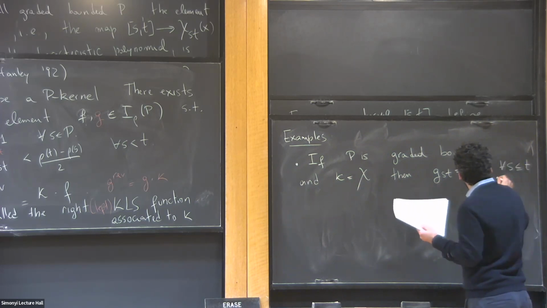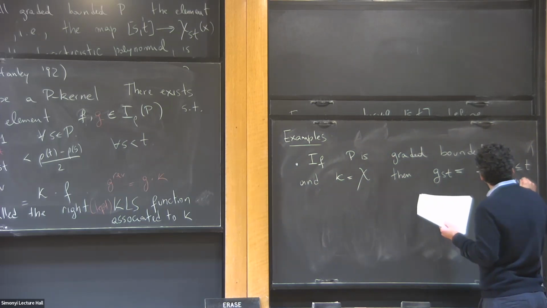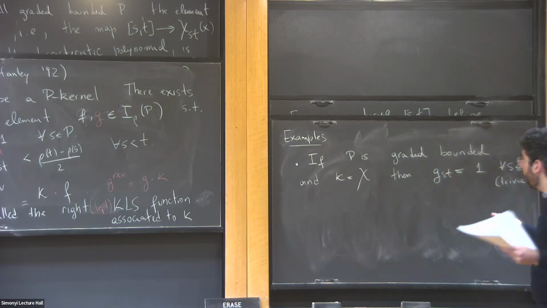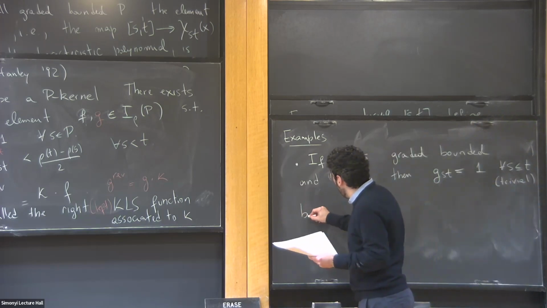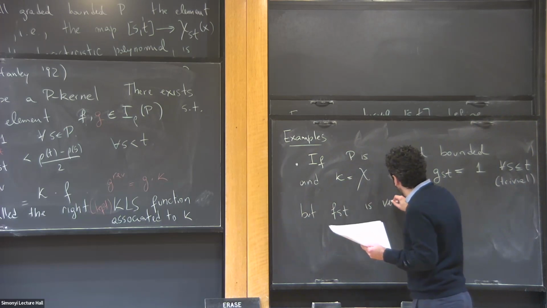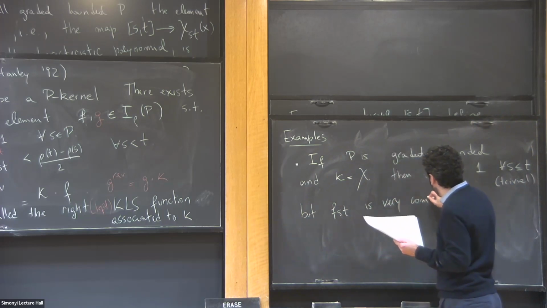So this is trivial. I don't claim that the proof of this is trivial. I claim that this is a trivial Kazhdan Lusztig Stanley function. So the left one is trivial. But f_ST is very complicated.